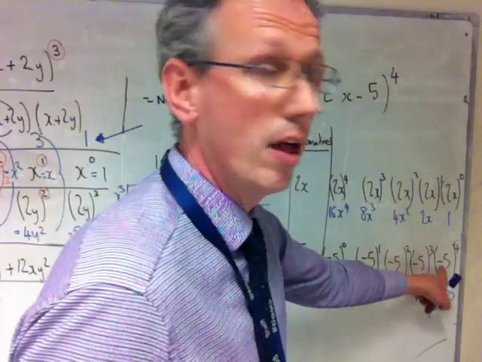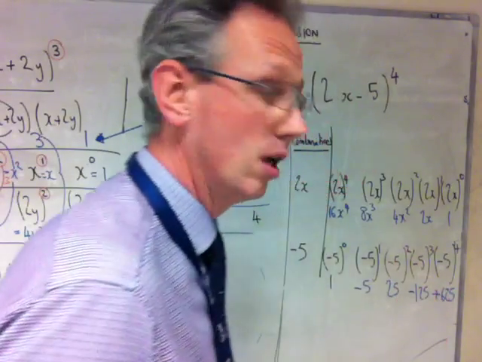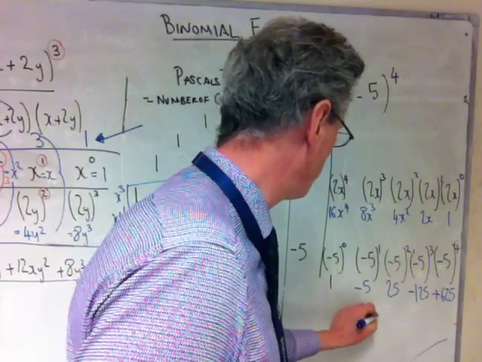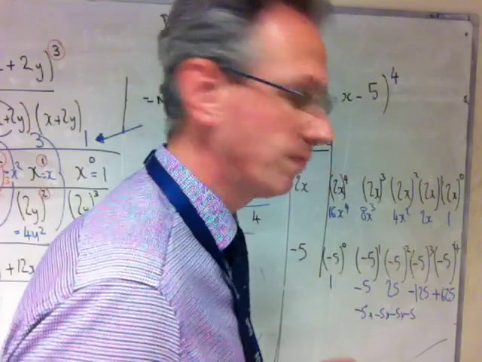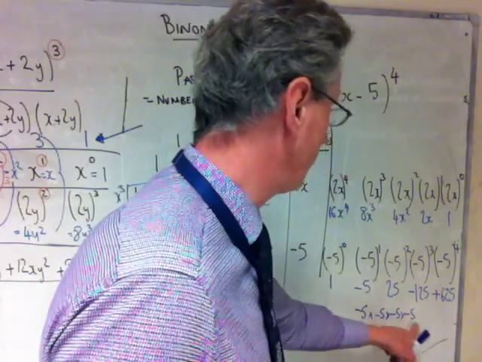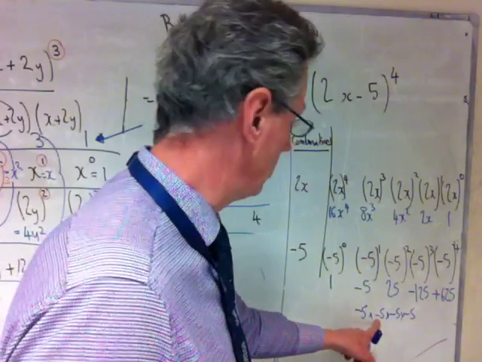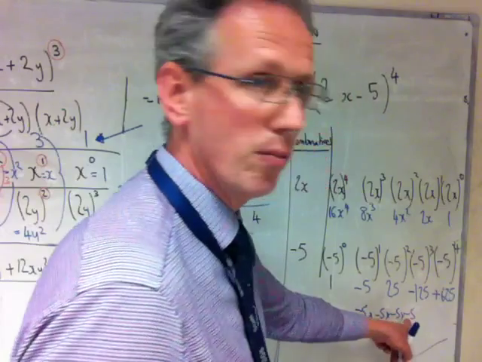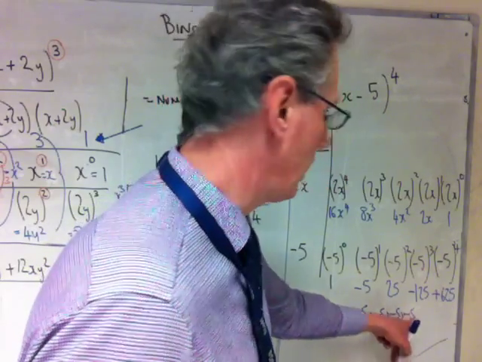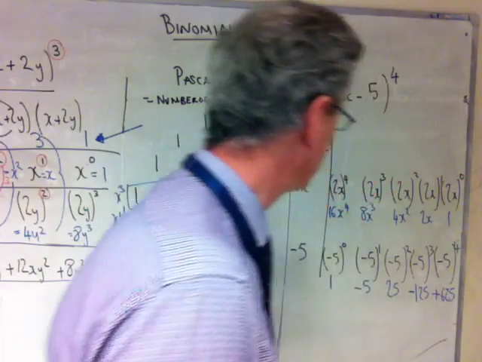Now the key thing here, that minus, when you've got that, that becomes a plus, because you've got minus 5 times minus 5 times minus 5 times minus 5. 5 times 5 times 5 times 5 is 625. Minus and a minus makes a plus. The odd number of powers makes a minus, but the even number of powers makes a plus again, because they cancel each other out. Okay, so we've got that.